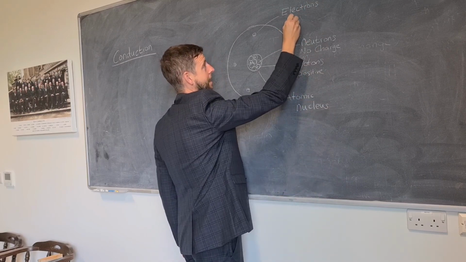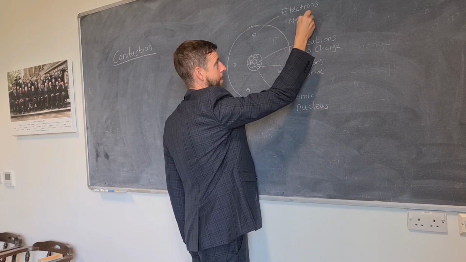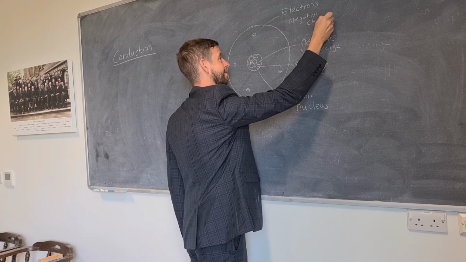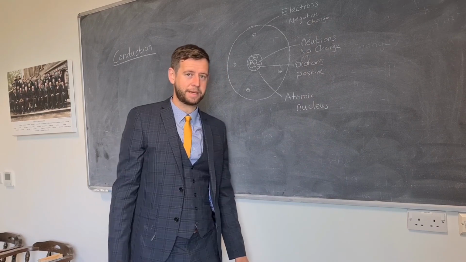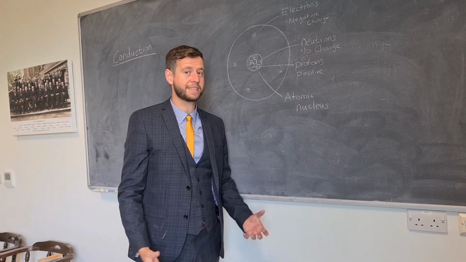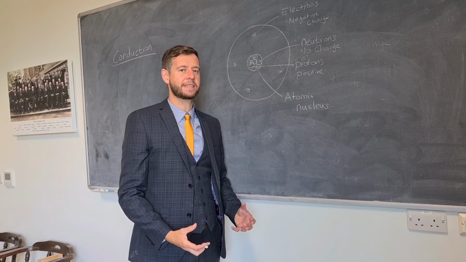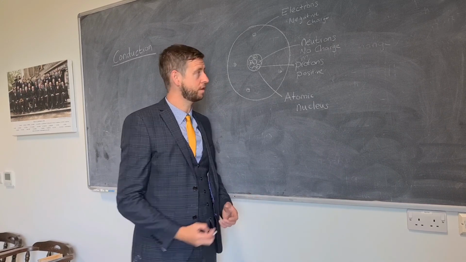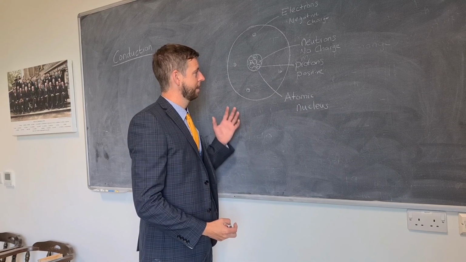And these carry a negative charge. Now, this isn't supposed to be a video on atomic physics, but you do need to understand this to fully understand the heat transfer mechanism of conduction.